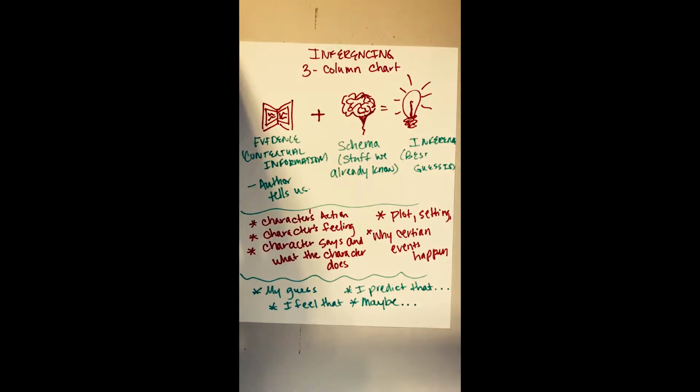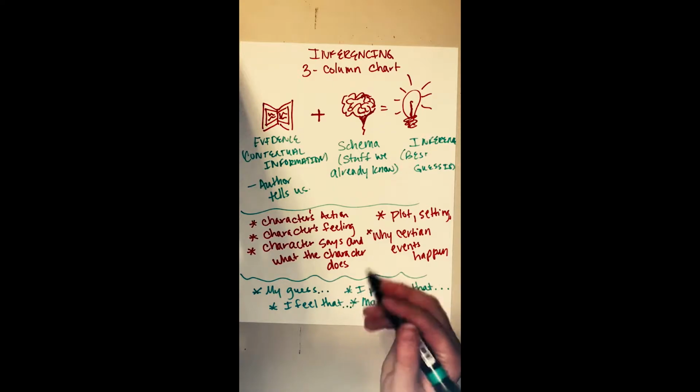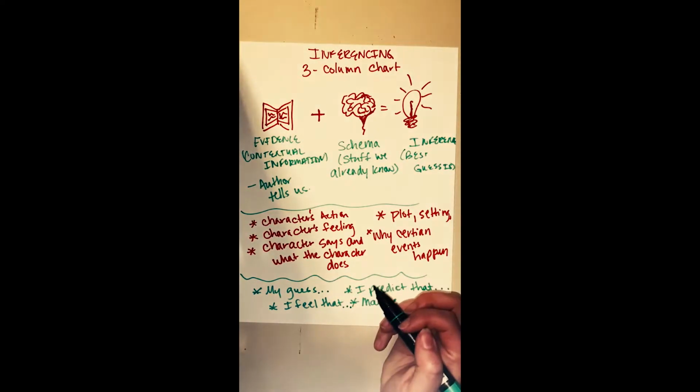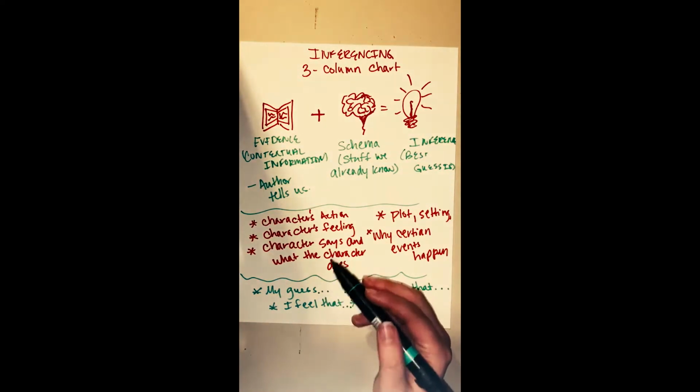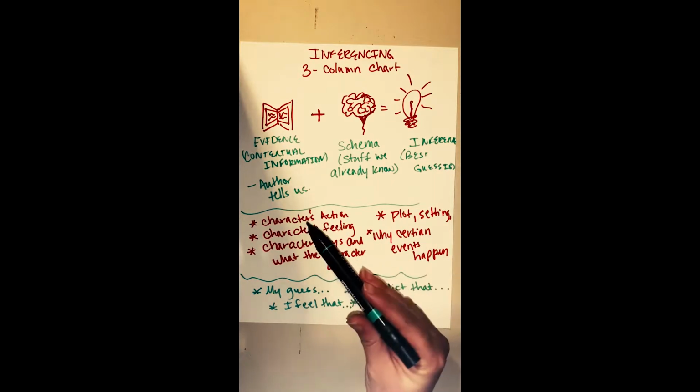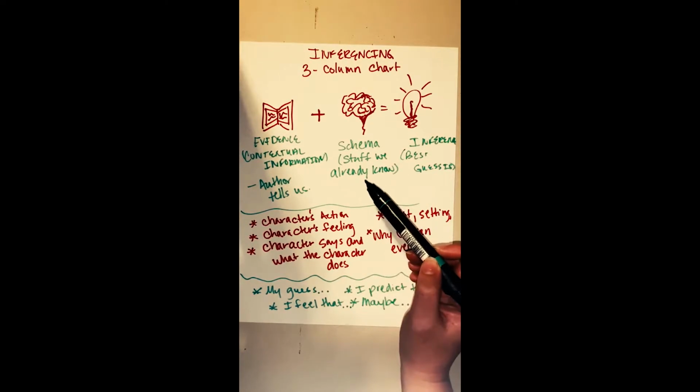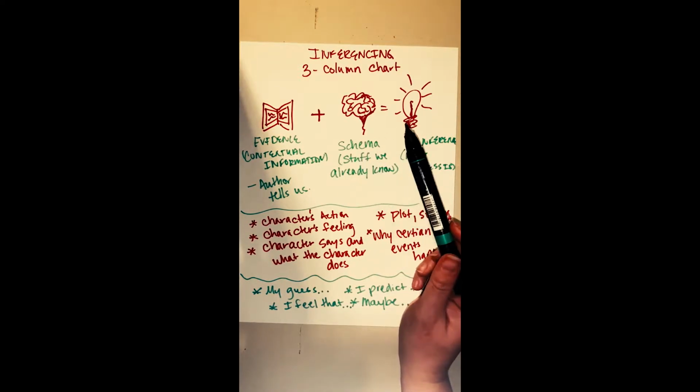So these are just ways that we can think about it. If we were going to say, my guess is the man carrying an umbrella is probably going to be safe from the rain, then that would be my guess. It's a prediction. It's an inference that I can make because he's carrying an umbrella and because I have previous schema that says that people who carry umbrellas are usually protected from the rain. So that's just kind of a simple breakdown of what an inference is.